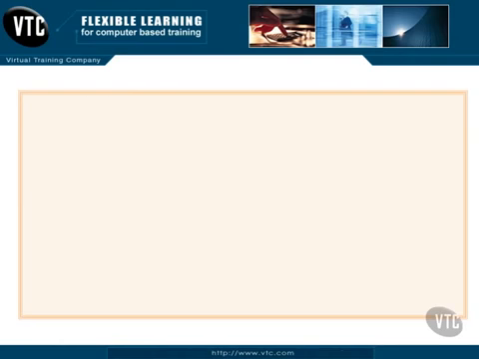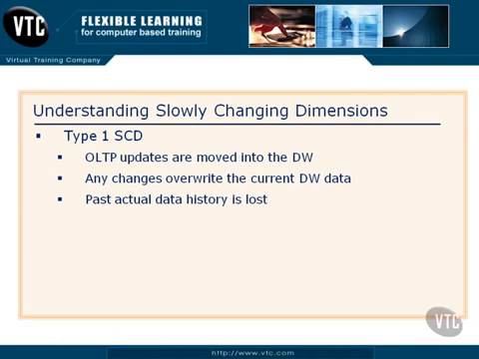Now, at first glance, you're sitting there scratching your head and you're thinking, wow, that's a dumb way to do it. I mean, you just lost all your historical accuracy here. Well, that totally depends on your company, the data that you're reporting, what you're looking for here. It could be that for your particular business, the location of the sale is not really that important. And so that's just the way it is sometimes, okay?